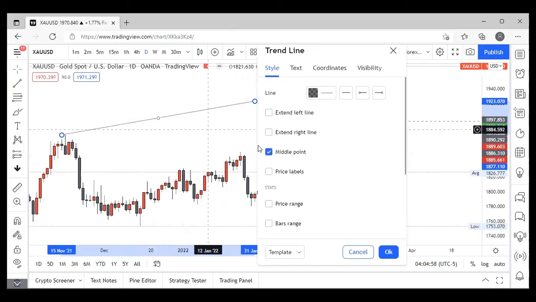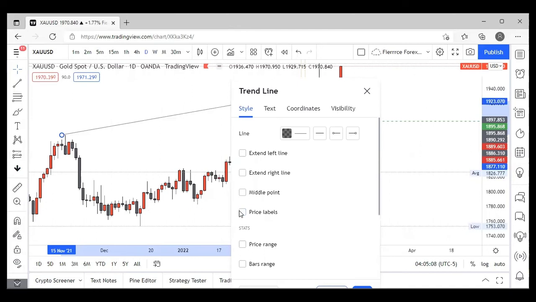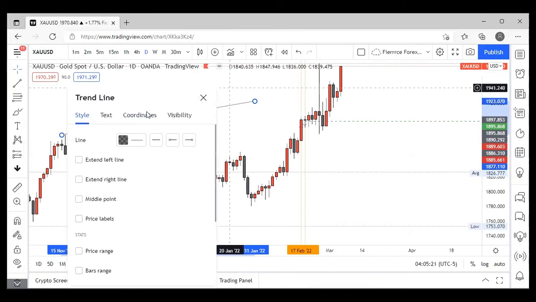See the middle point here? I can remove that. I can add price labels. Okay, and so on and so forth.